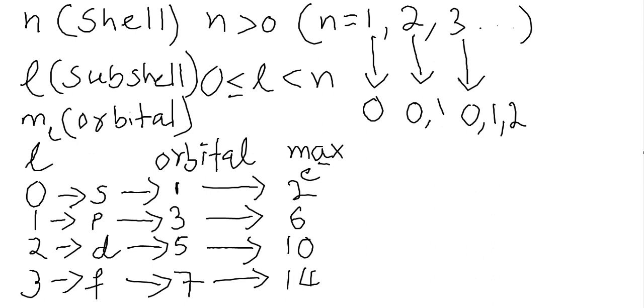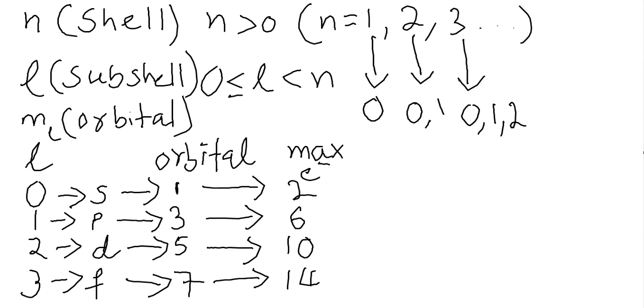Maybe some of them reside in the n equals 1 shell, some reside in the n equals 2 shell. And also within the shells that the electrons reside, what subshells do they reside in? And how many of the orbitals are fully occupied with 2 electrons? How many of them only have 1 electron? That is what electron configuration allows us to write.